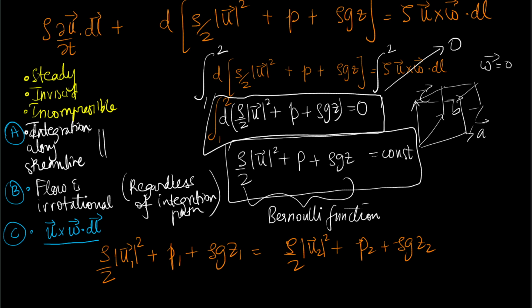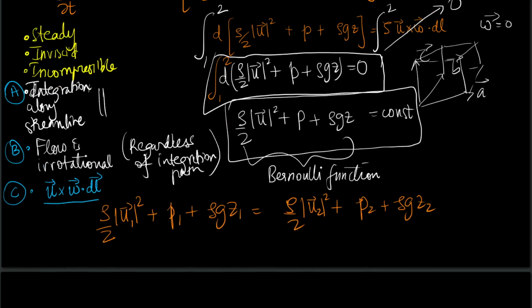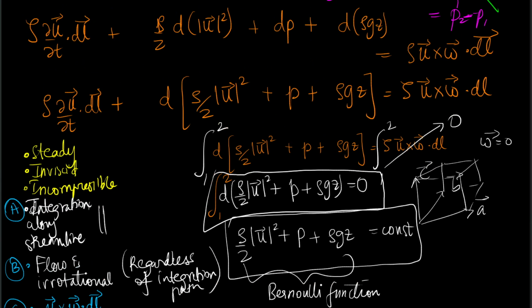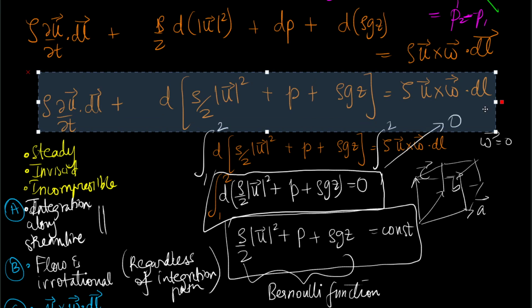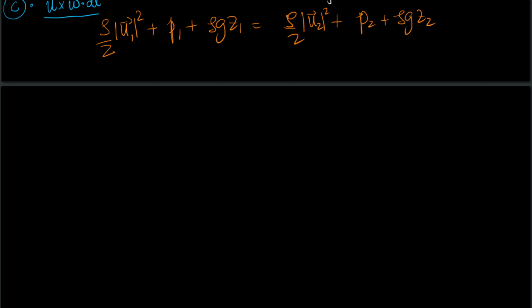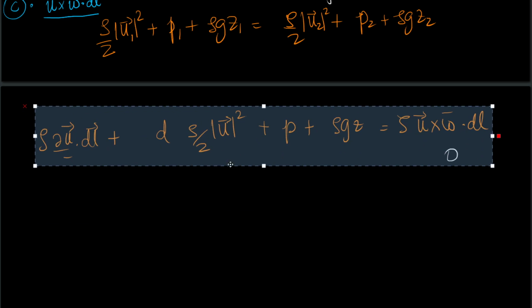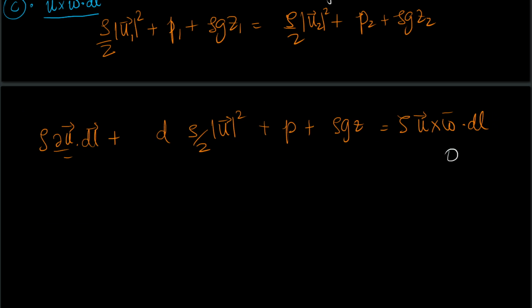Now what about the unsteady term? We can keep the unsteady term, we don't need to drop it in any kind of approximation, but there is a certain class of flow in which it has a very special form. Let us consider that the flow is irrotational. If the flow is irrotational, then the vorticity becomes equal to 0.